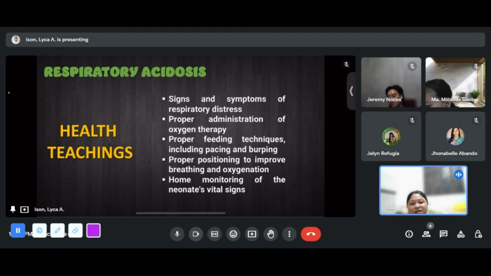So, proper administration of oxygen therapy, proper feeding techniques including pacing and burping, proper positioning to improve breathing and oxygenation. Lastly is home monitoring of the neonate's vital signs. So, laging may vital signs dyan.